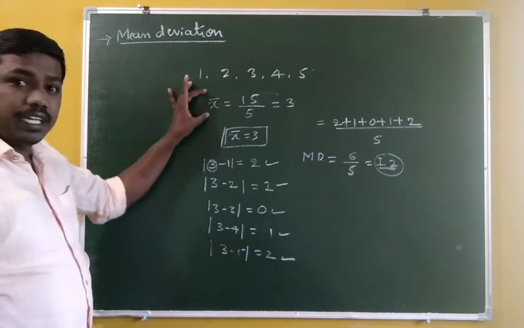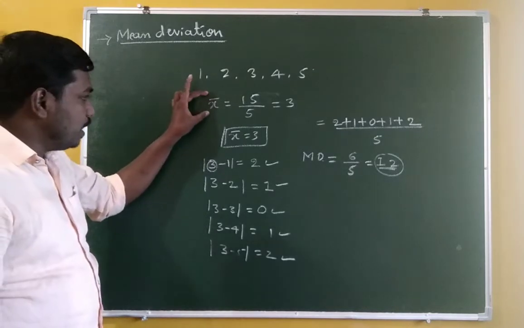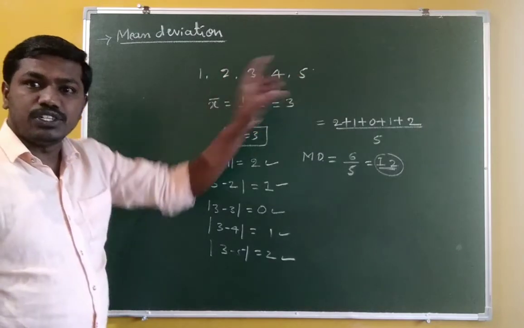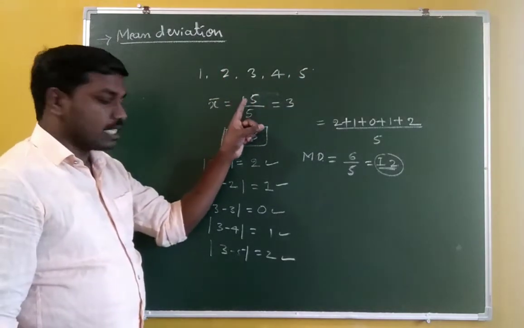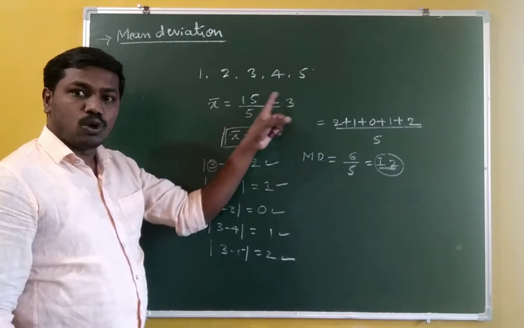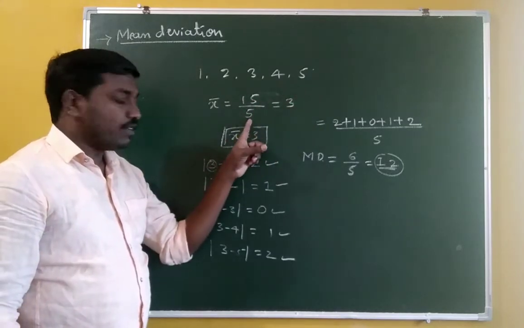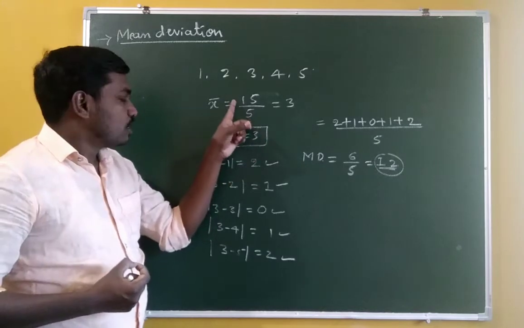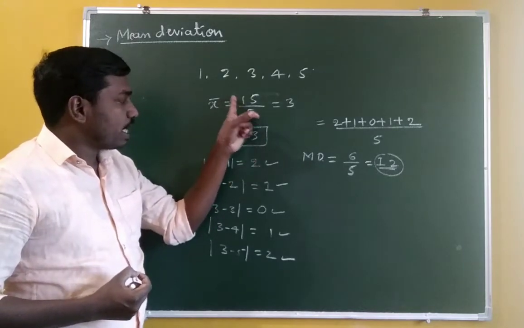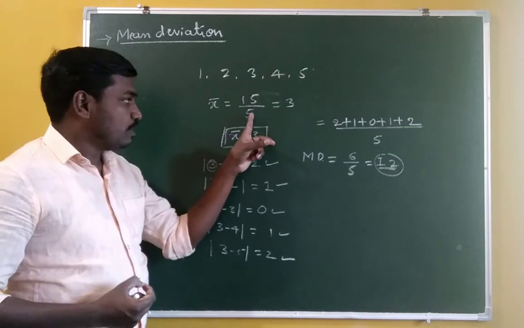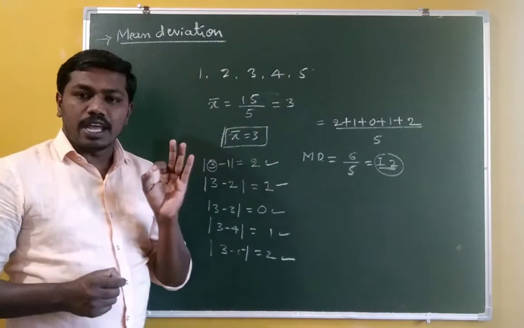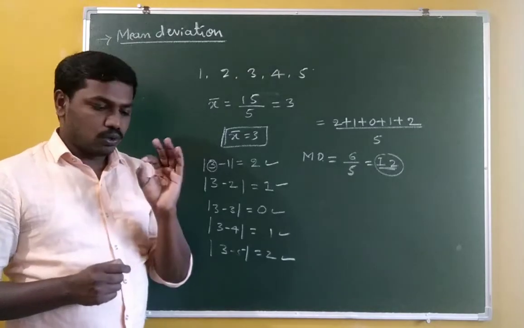So the mean is defined as the ratio of the sum of all observations, that is x1 plus x2 plus x3 up to xn, divided by how many observations? n observations. So the sum of x1 to xn divided by n gives the mean of the n observations.